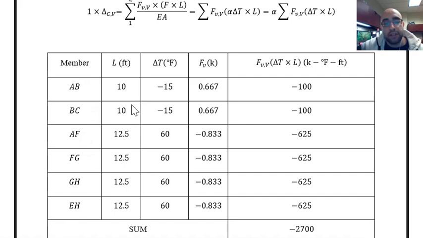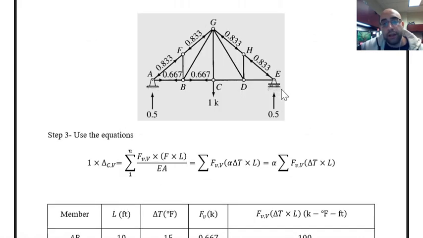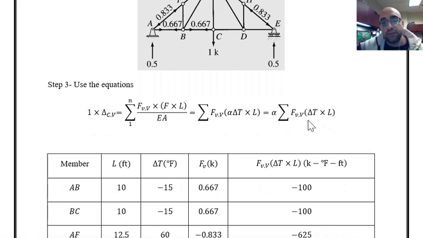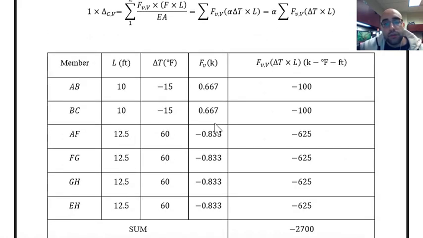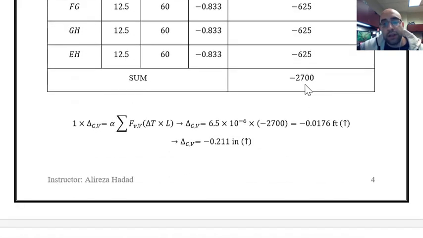For each of the members I have the length, I have the amount of temperature change, and I also have FV, the force in the member because of virtual loading, and I have FV multiplied by delta T multiplied by L. As you can see, this is the equation that we have to solve for finding the deflection due to the virtual work method. So calculating this and adding all of them together, this is the summation. Now I can return it to the equation, multiplying it by alpha.